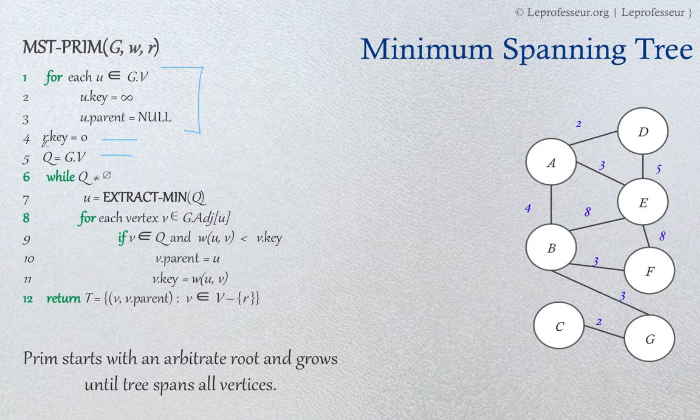Now that's the important aspect of this algorithm. You can use the queue in two different kinds of implementation. You may use a binary heap, which uses the min heap property, and another implementation could be the Fibonacci heap.